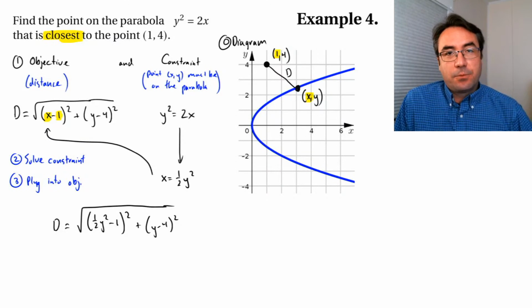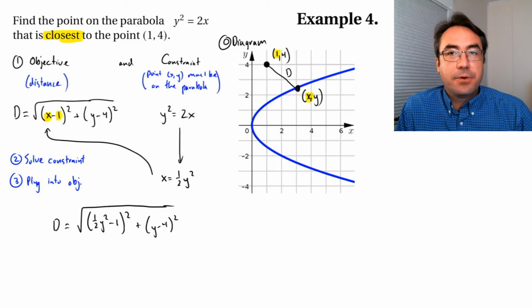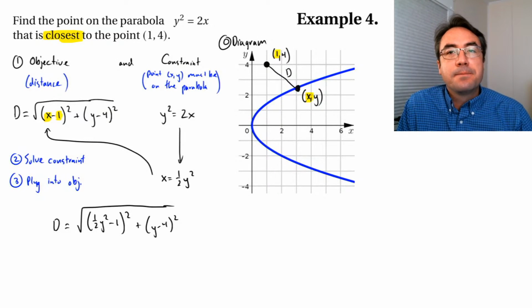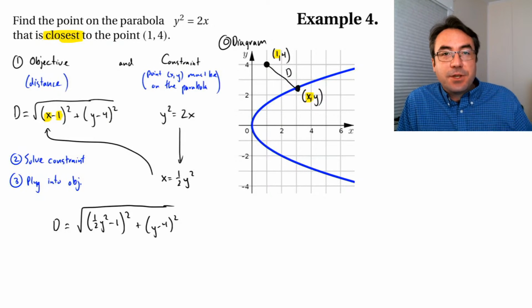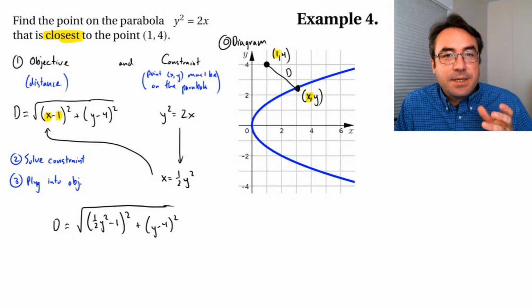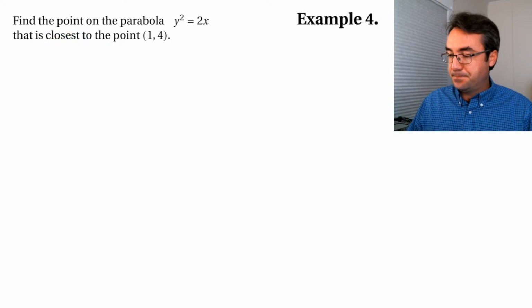But before we get there, we're going to simplify our work down a little bit. So we're going to modify this function just a little bit in order to make our derivative, and solving it when we set it equal to 0, simpler, by just modifying what we look at.